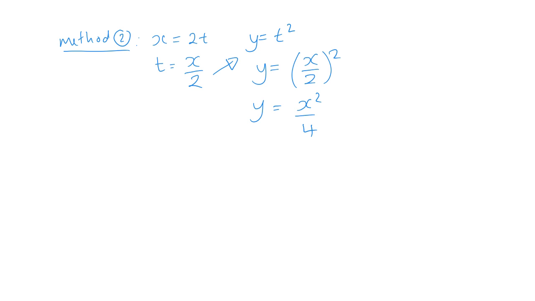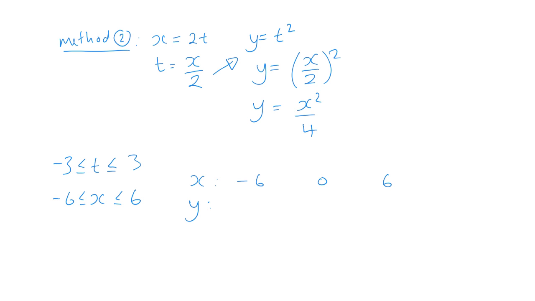Now, the question said that t is between minus 3 and 3, so that means x is between minus 6 and 6, and then it would be up to you what points you find. If you want, you could do from minus 6 right through to 6, or you could say, well, it's a quadratic, and we know the shape of a quadratic.